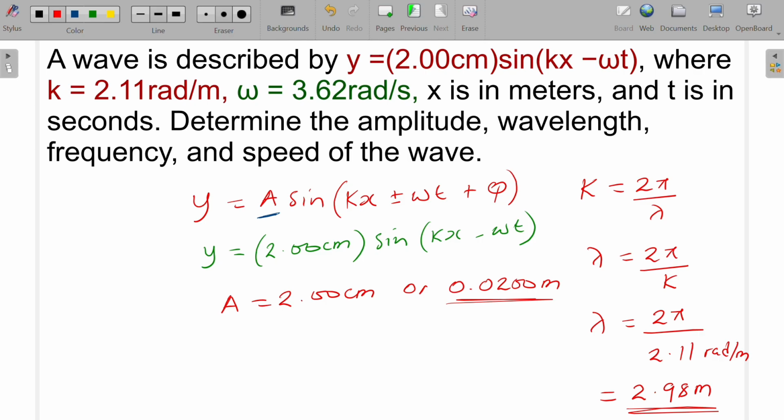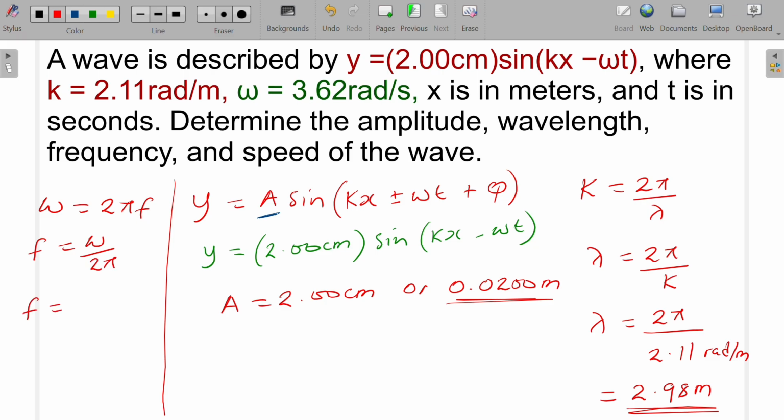All right, so we have found our wavelength. The next one is frequency. How do we find our frequency? Remember, angular frequency is given by 2 pi multiplied by frequency. From this formula, we can make frequency the subject, and our frequency will be equal to angular frequency divided by 2 pi.